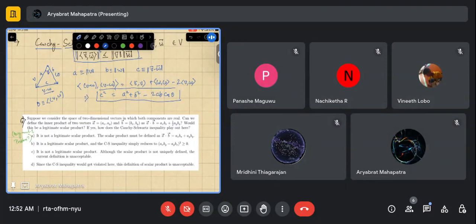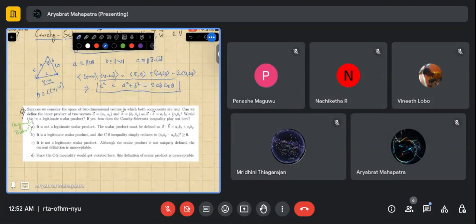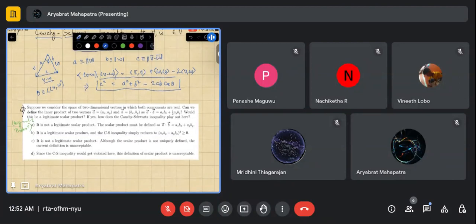Can we define the inner product of two vectors A, B such that the inner product of AB is given as AX BX plus half of AY BY? Would this be a legitimate scalar product? If yes, does the Cauchy-Schwarz inequality play out here? The first statement says it is not a legitimate scalar product. The scalar product must be defined as AX BX plus AY BY.